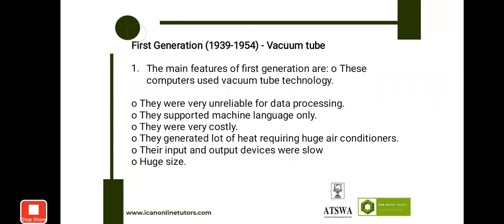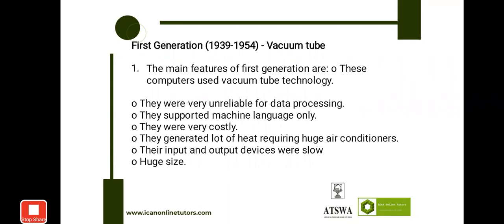So let's look at the first generation, 1939 to 1954, vacuum tube. Now, the main features of the first generation computers are: number one, these computers used vacuum tube technology. That's why you see part of the heading is vacuum tube. That's the distinct feature of this particular generation of computers.